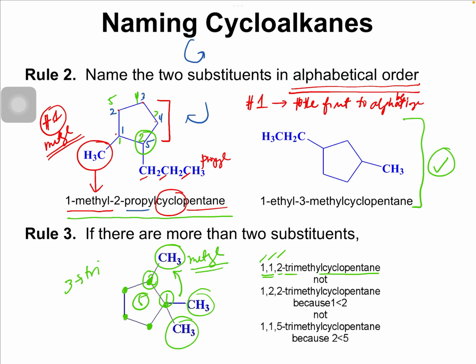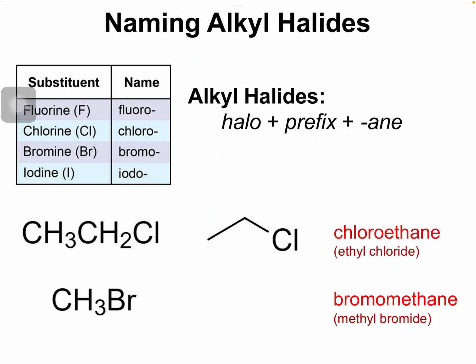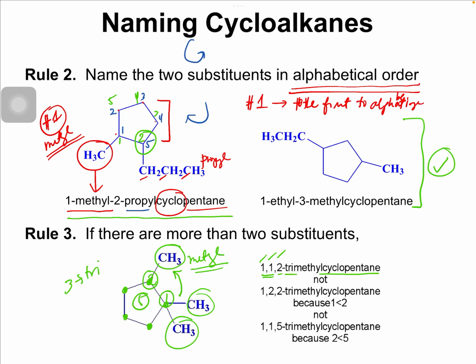Okay? So, balikan lang natin. Rule number 1, no need for a number for a single substituent on the ring. Number 2, kapag may dalawa ka ng substituents or more, alphabetical order. And then rule number 3, if there are more than 2 substituents na essentially ay parehas lang naman, you use your prefixes.